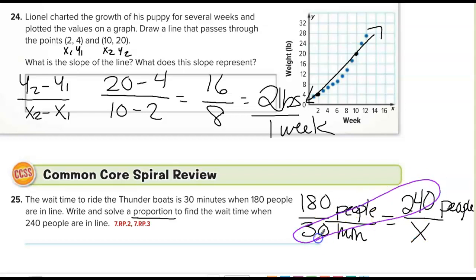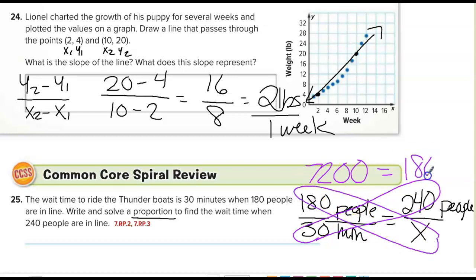30 times 240, which is what? What's 3 times 24? 72, and then add 2 zeros, is equal to, if I multiply the other ones, 100x. To solve for x, I would divide.